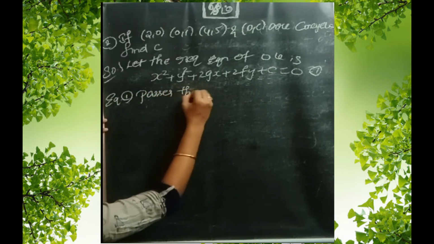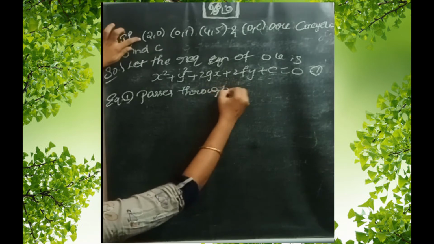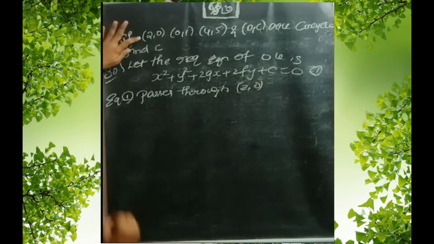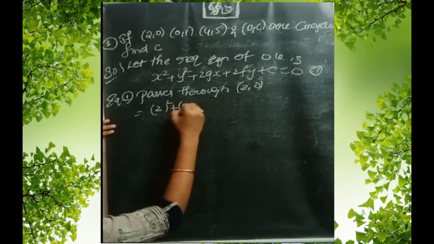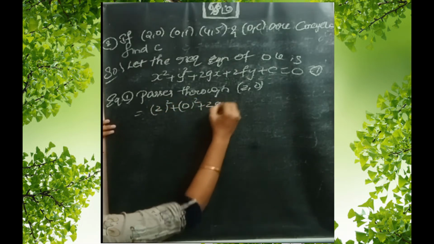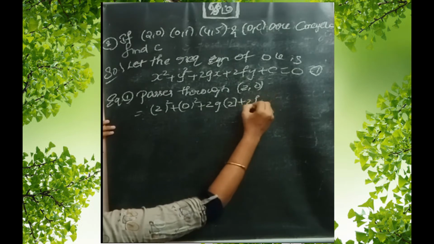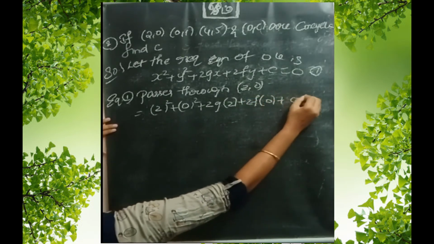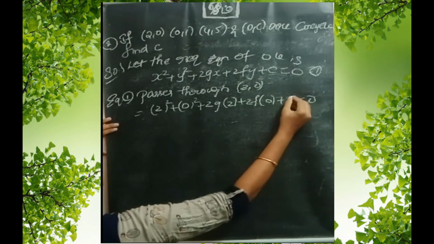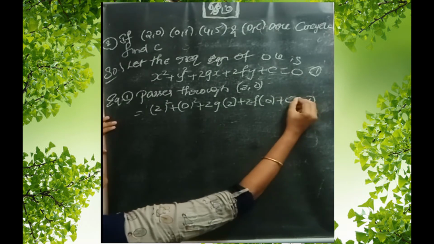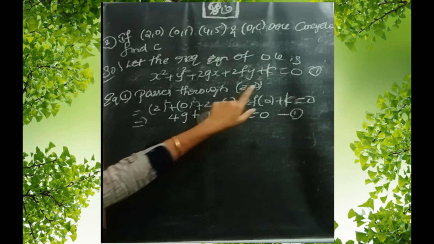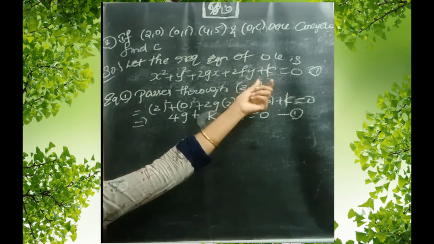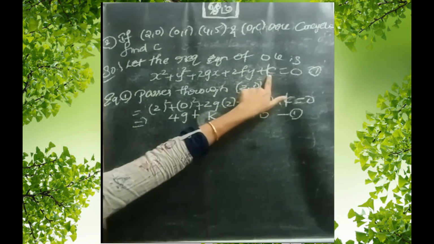Now equation 1 passes through the first point 2, 0. Now substitute this. 2 whole square plus 0 whole square plus 2g of 2 plus 2f of 0 plus c equals 0. So here I have taken k in the place of c. Why?